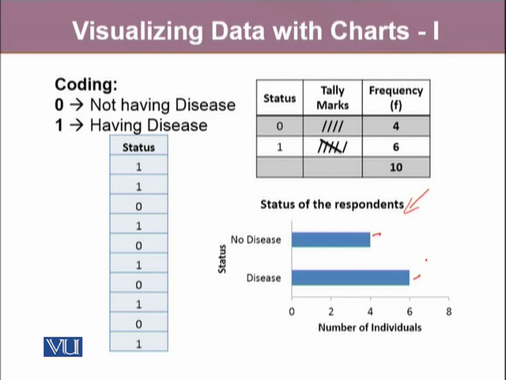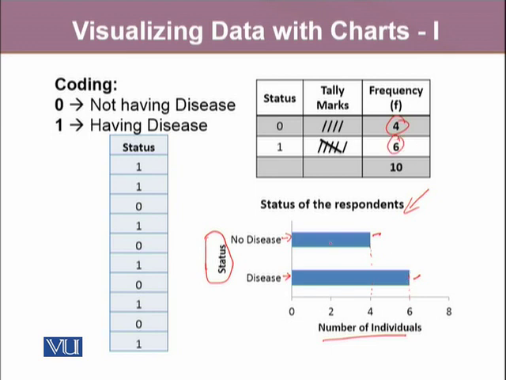On the x-axis, we have number of individuals, and on the y-axis, we have our variable of interest here. If we see, there are 2 categories, one is disease and other is no disease. In no disease category, there are 4 individuals. And in disease category, there are 6 individuals.